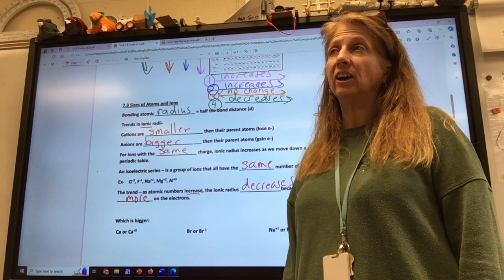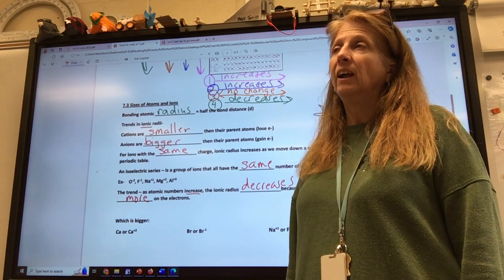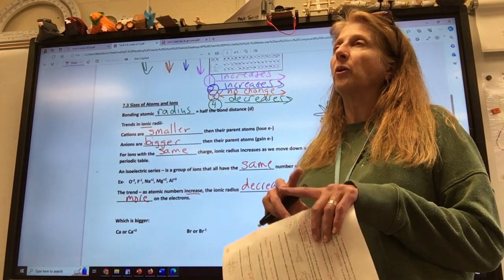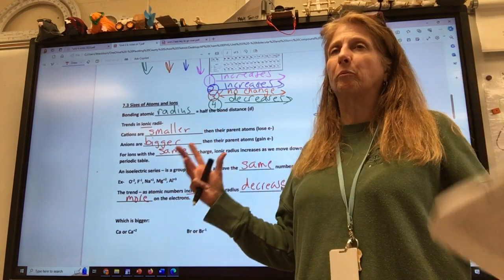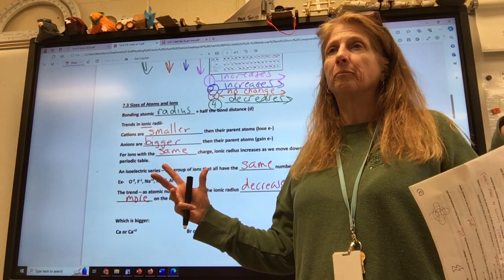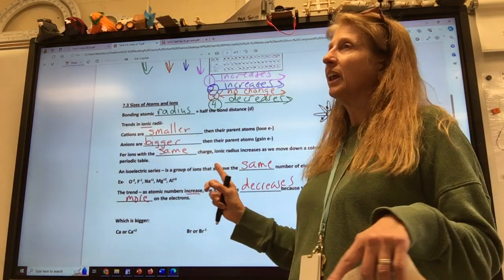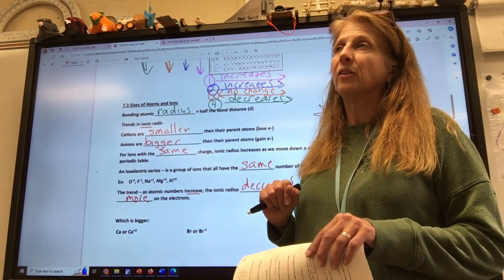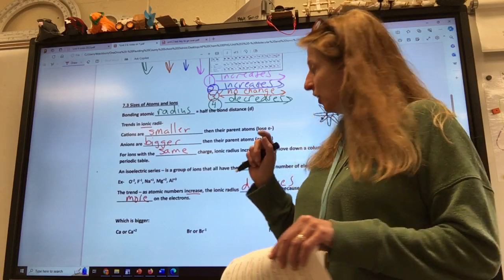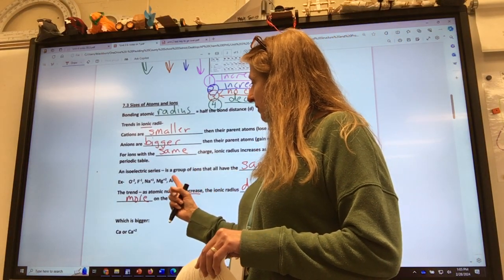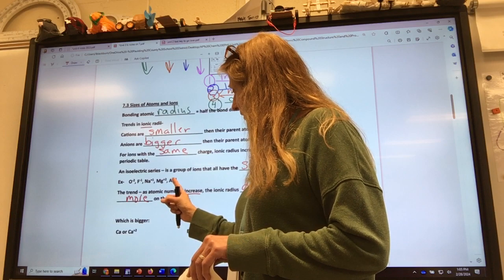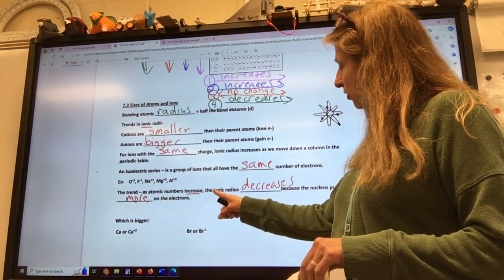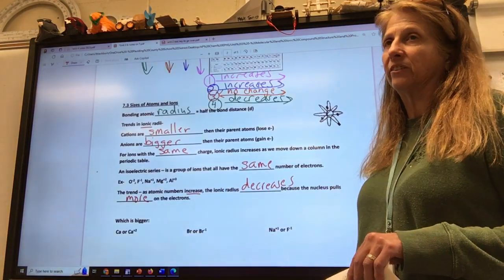It's oxygen. See how oxygen is number 8? Oxygen has the least protons, so it's not going to be able to pull very much. It's going to be big or small? Big. It's the opposite. So which one is the smallest? Aluminum. So aluminum is the smallest and oxygen is the biggest. As the atomic numbers increase, the radius decreases.